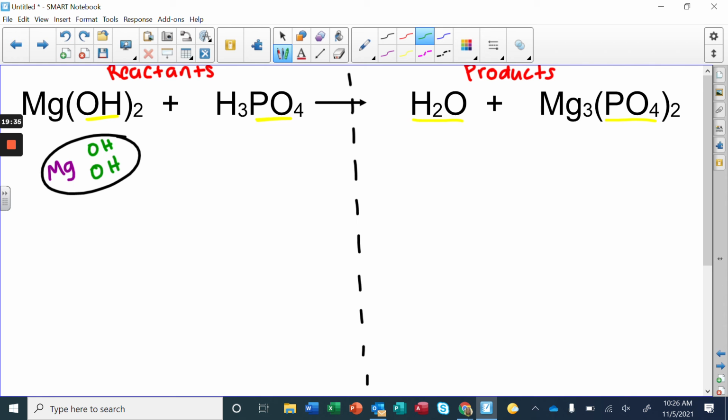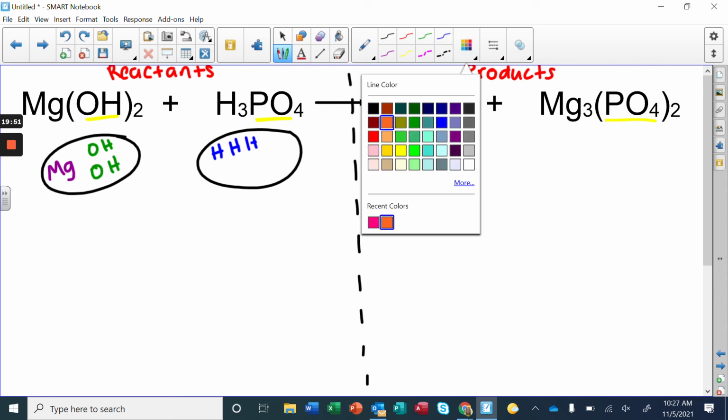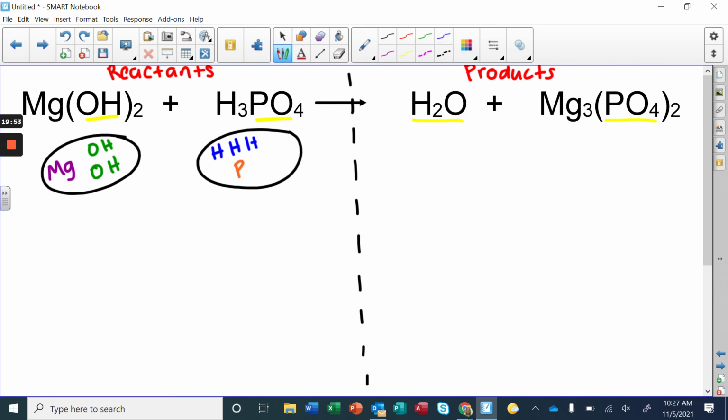Then we need to go ahead and do our next one, which is H3PO4. So I have 3 hydrogens, and I have 1 PO4. So PO4. Go over to my product side, write out our hydrogens.